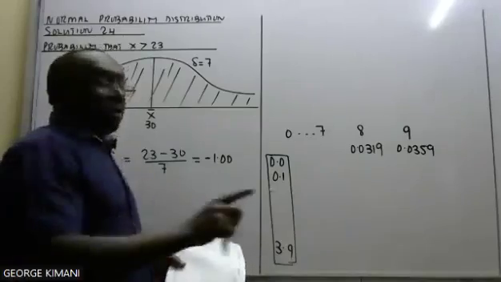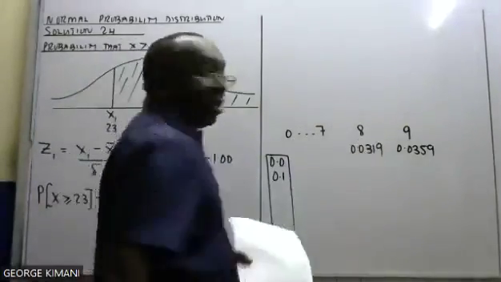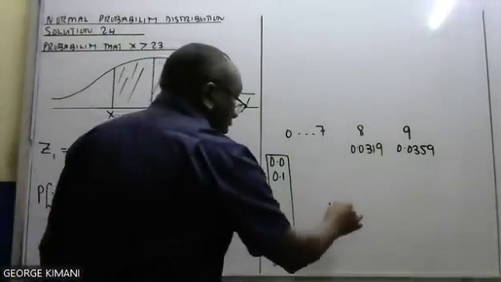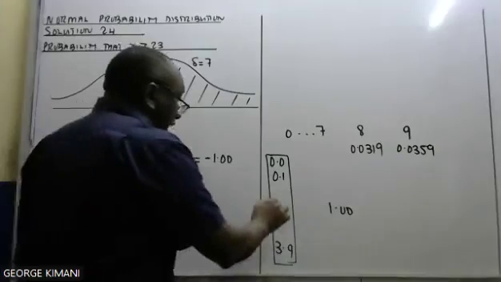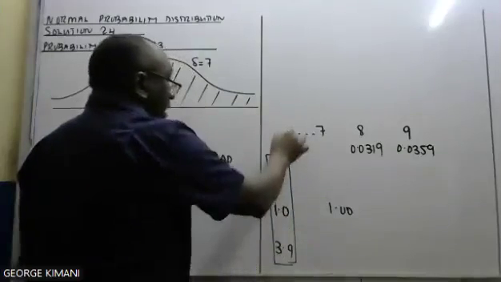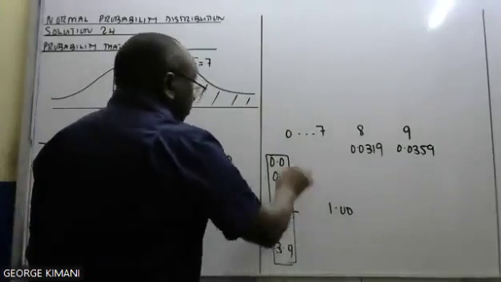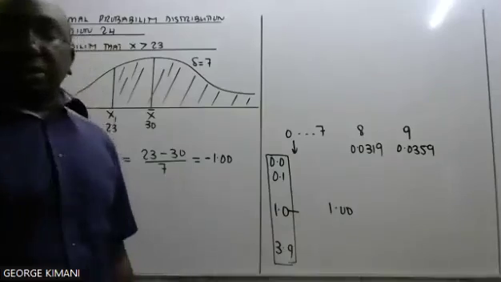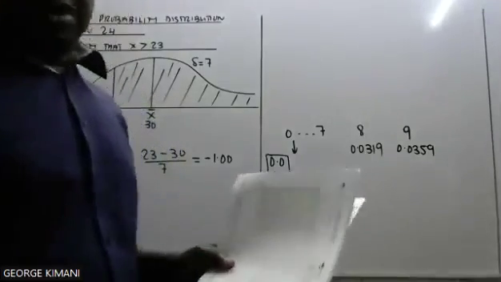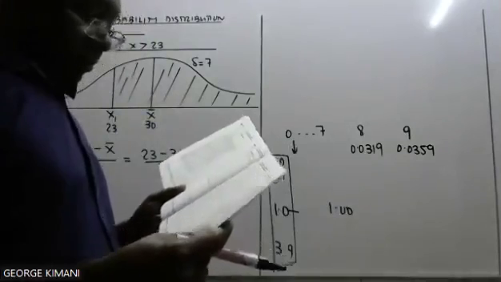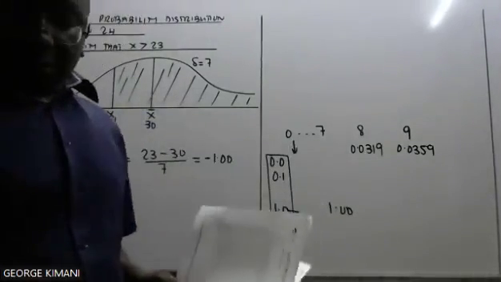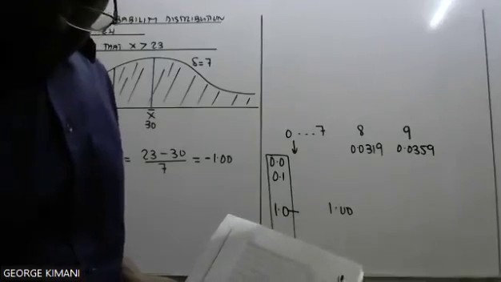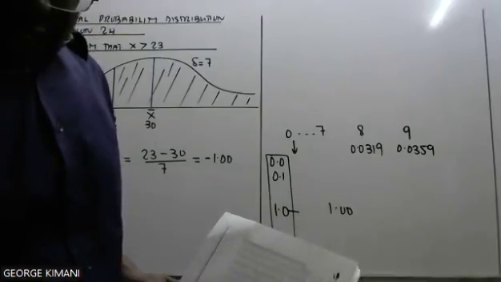The second decimal is the values in the title of the columns. So when you are told to read 1.00, you will go to the row that is 1.0 and column 0. Now go there and write for me the figure that you can see there.